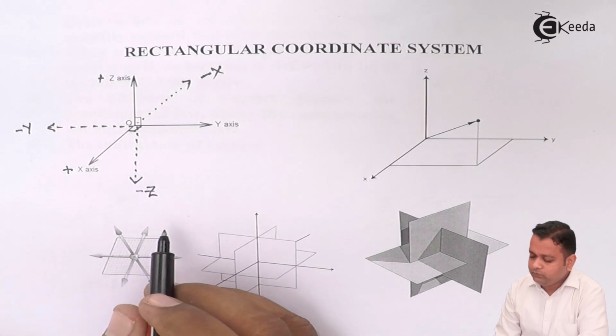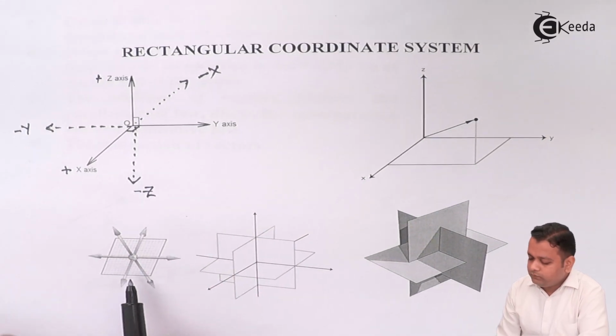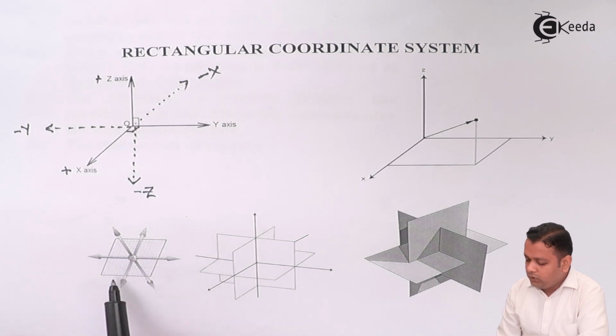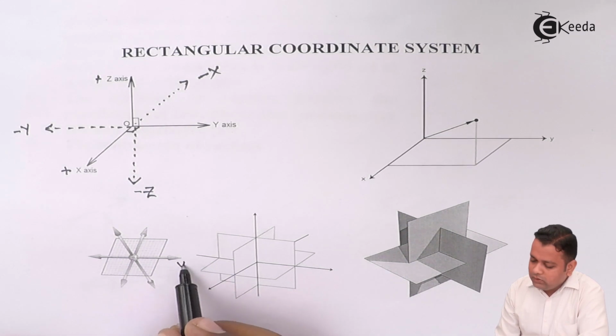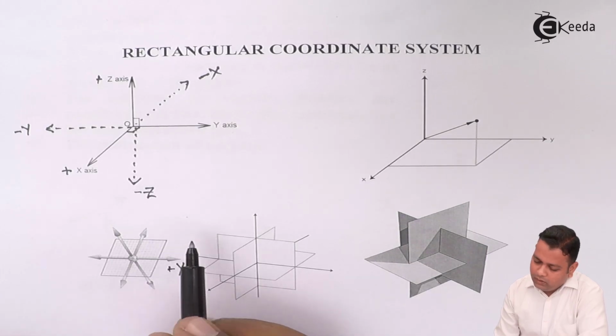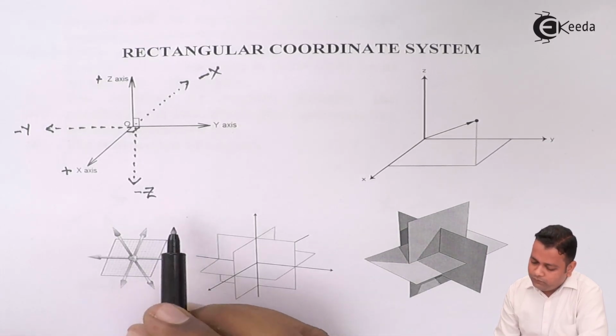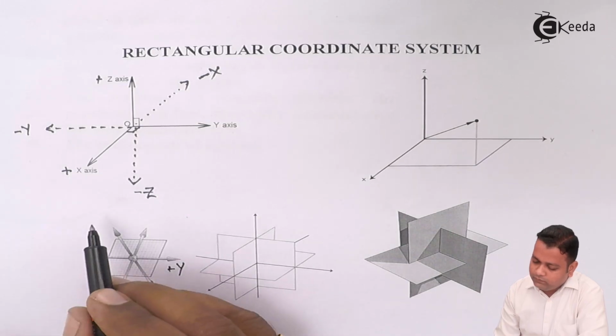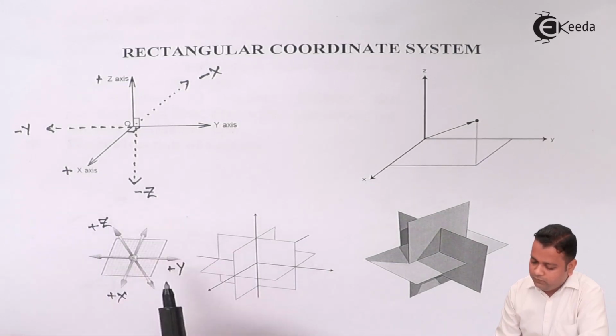minus z. In this diagram, it will be more clear that two axes form a plane. Suppose this is the positive side of y, this is the positive side of x, this is the positive side of z.